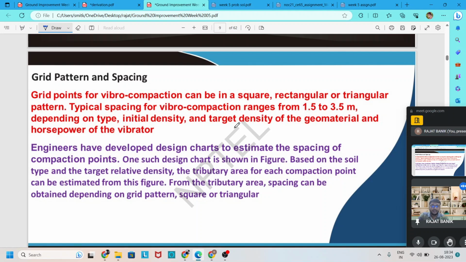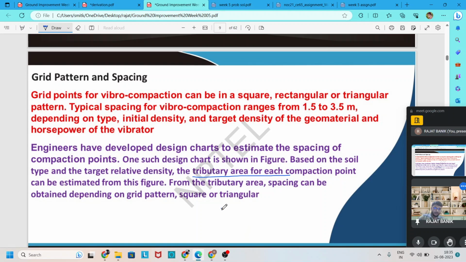For this, engineers have given charts where we can find the spacing based on some points like tributary area and the degree of compaction, or relative compaction. What is tributary area? Tributary area is nothing but the influence area.